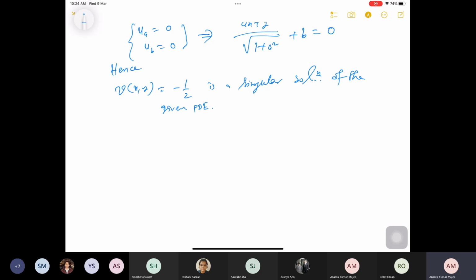So now I try to define the so-called general integral. For that, I consider A, which is an open subset of R², the parameter set.